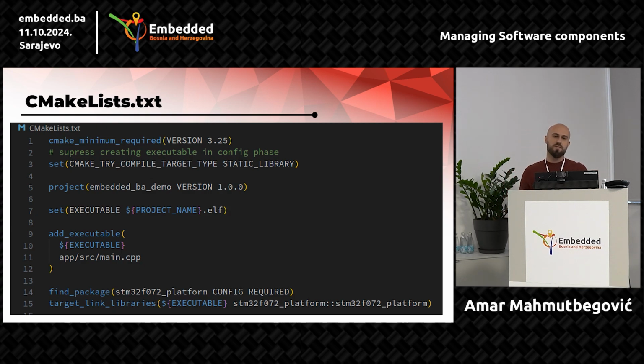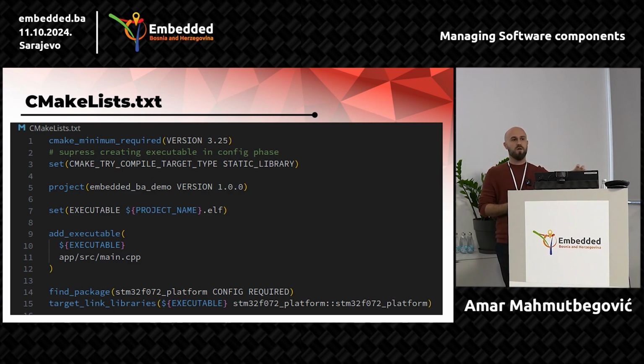Pretty simple CMake file. We create a new executable, and we are using find_package, and we are asking it to find the STM32F072 platform, and then we link our object files against the static library that comes from this namespace.